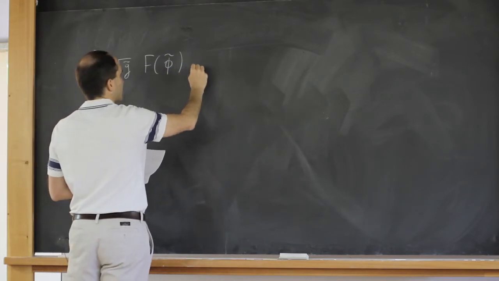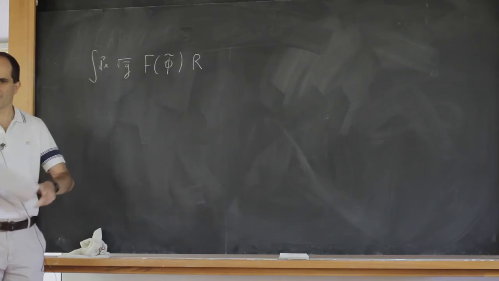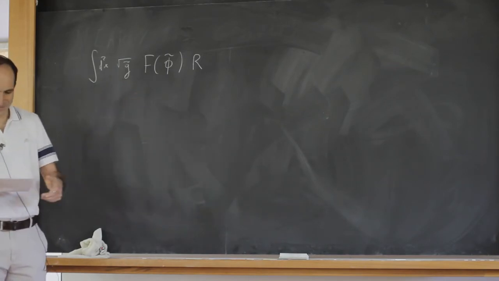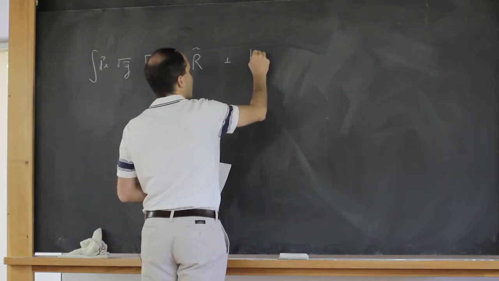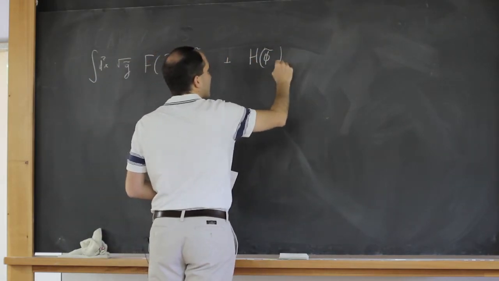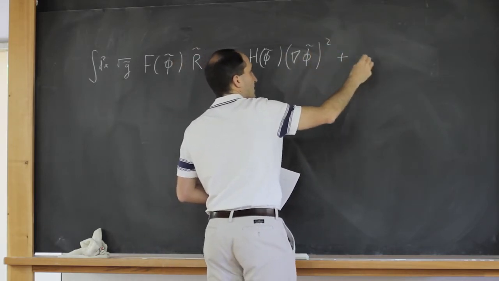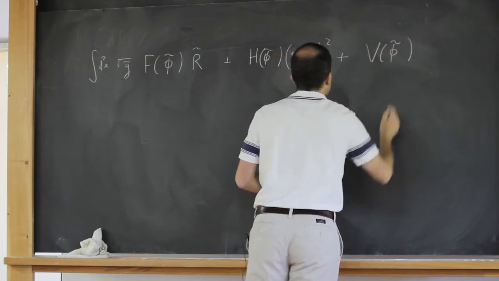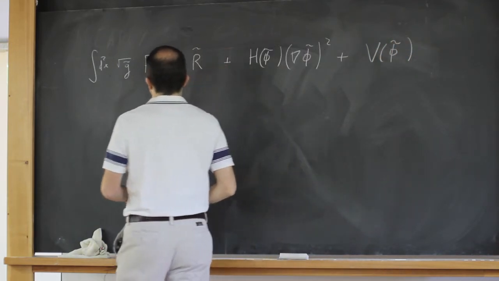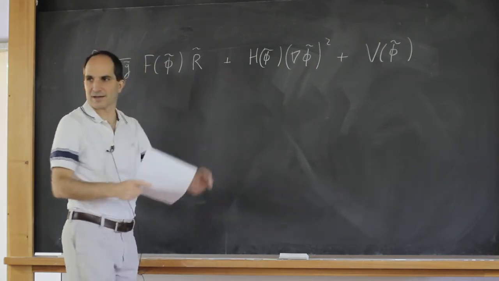Phi is something that measures roughly the size of the extra dimensions. Since I'm not specifying what they are, it might be a general function. I'm not even saying exactly what phi is, plus some other function of phi tilde. There could be kinetic terms for this phi tilde, and in general also some potential terms. So here we're keeping the degrees of freedom, which are the metric and somehow the size of the other dimensions.